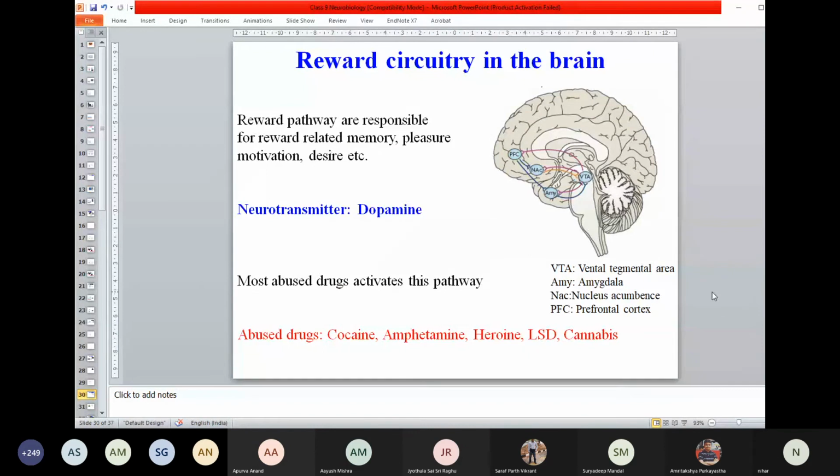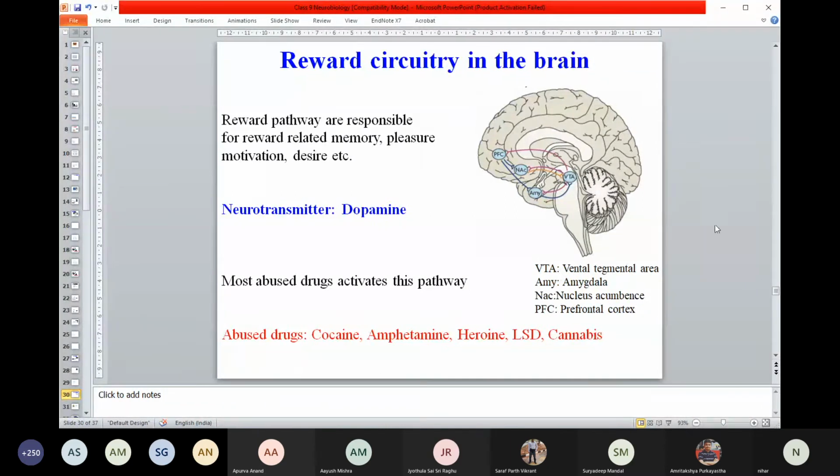So what I was trying to tell you is that our brain has a reward circuitry. I was giving an example of how abuse drugs stimulate our reward pathways. The question I was asking is why our brain evolved with such a reward circuitry.